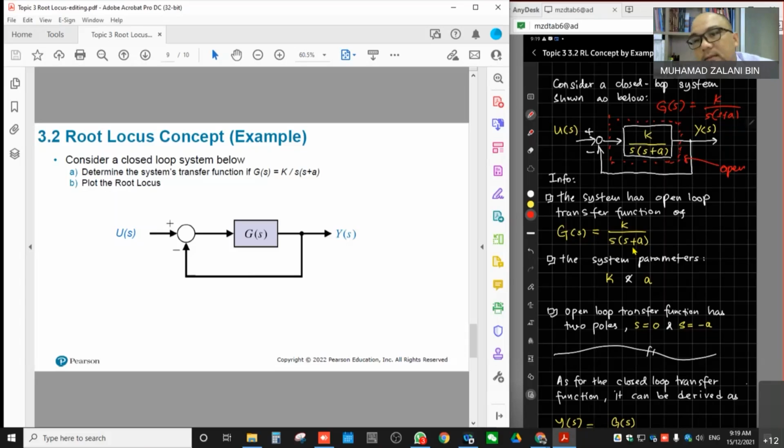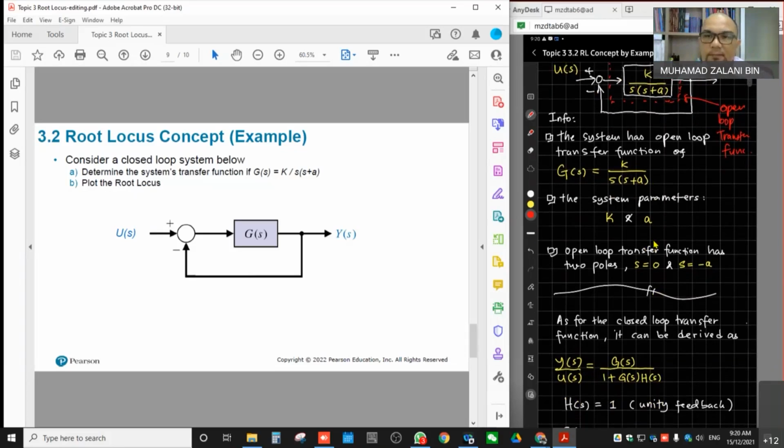We can say that the upper block, not the feedback one, is the open loop transfer function, which is G(s) equals K over S plus A.